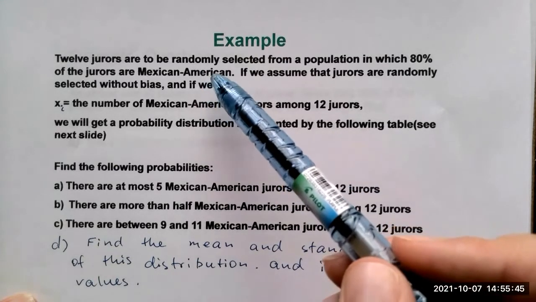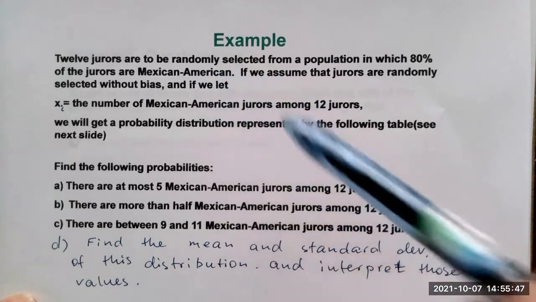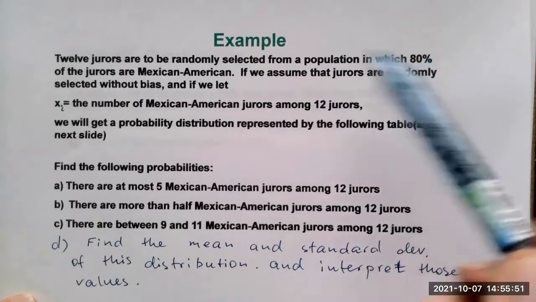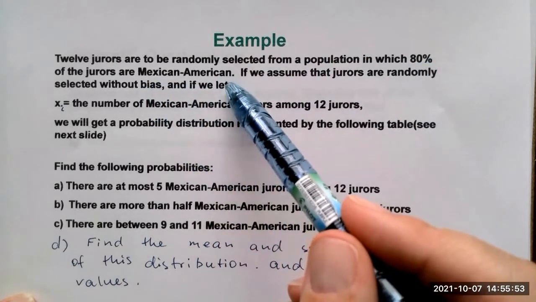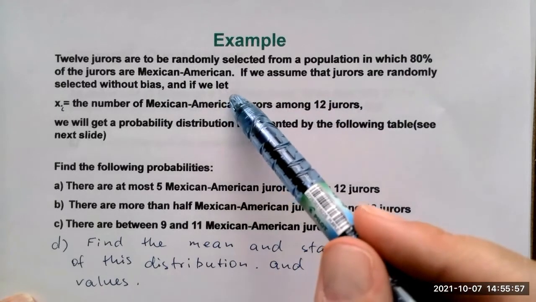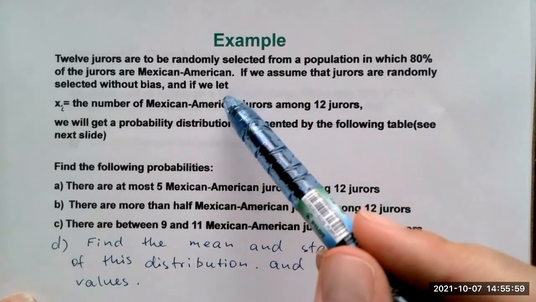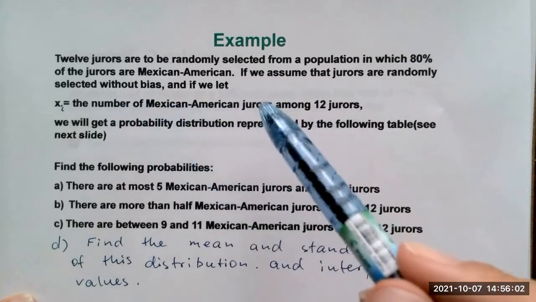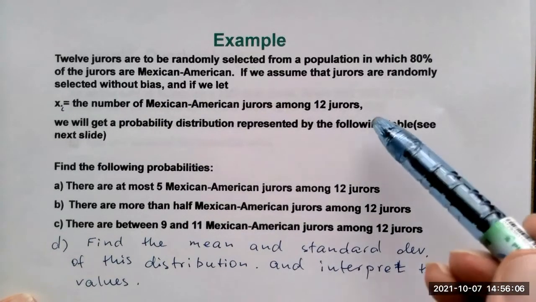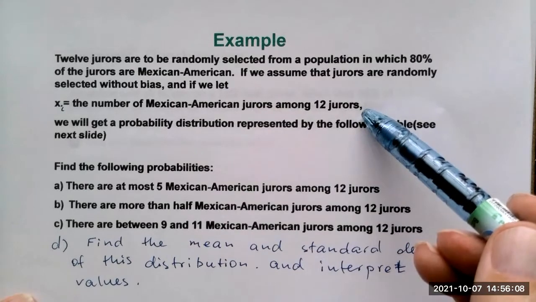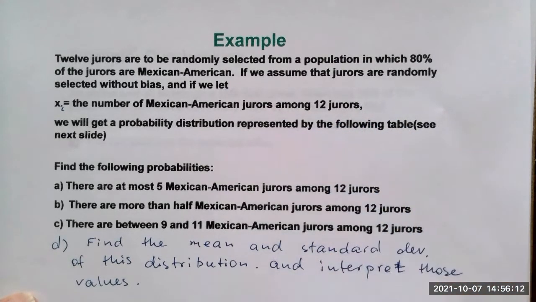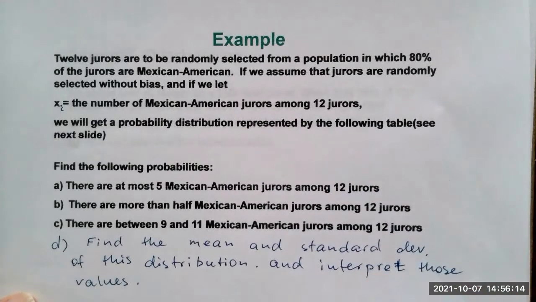Here we go. We have 12 jurors to be randomly selected from a population in which 80% of the jurors are Mexican American. If we assume the jurors are randomly selected without bias, and we let our random variable x represent the number of Mexican American jurors among the 12 selected, we get a probability distribution represented by the following table.